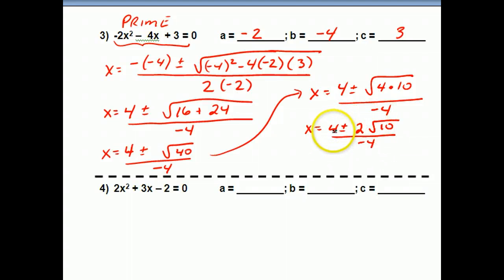So x is equal to negative 1 plus or minus, and this part, 2 divided by negative 4, is going to give me 1/2 square root of 10. And we could work this out in the calculator and see what our two answers are as a decimal.